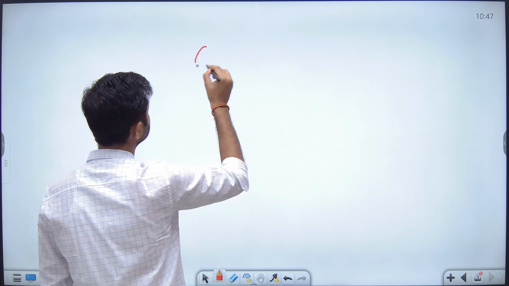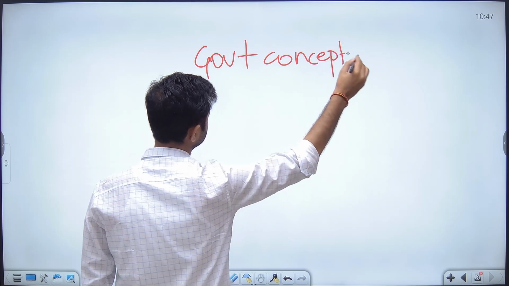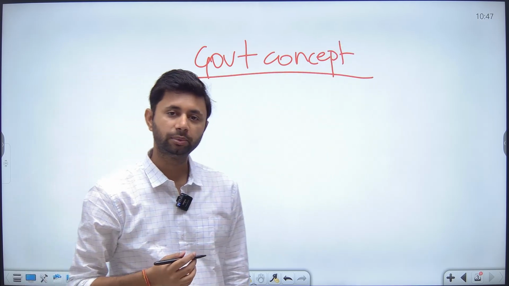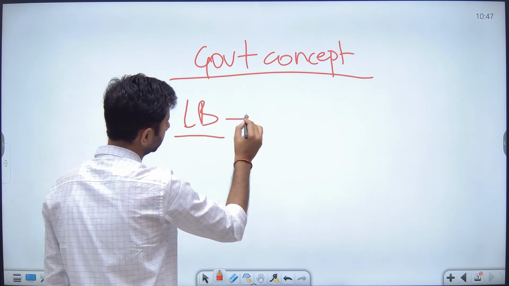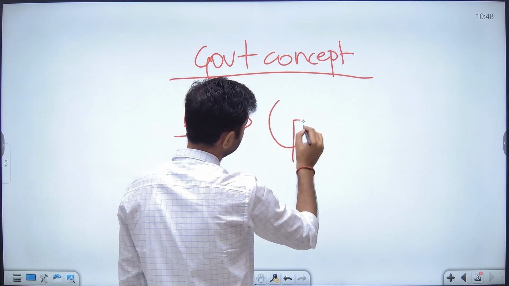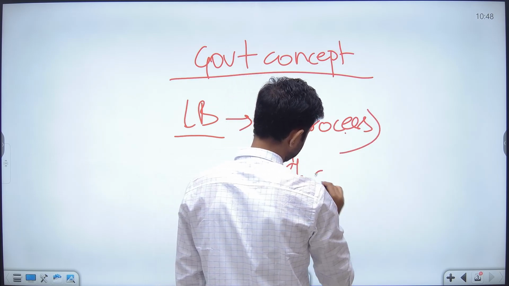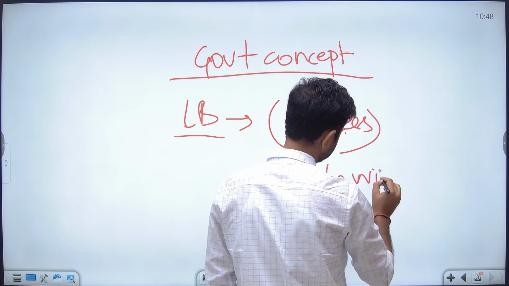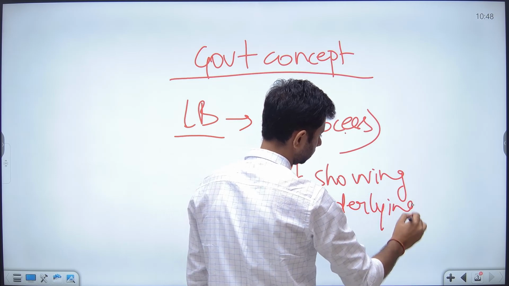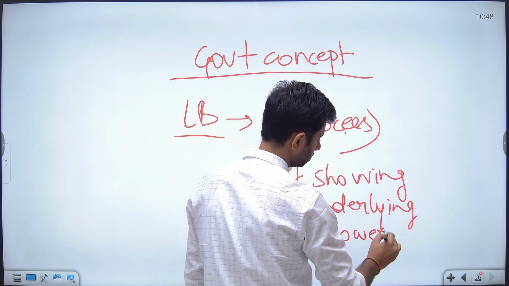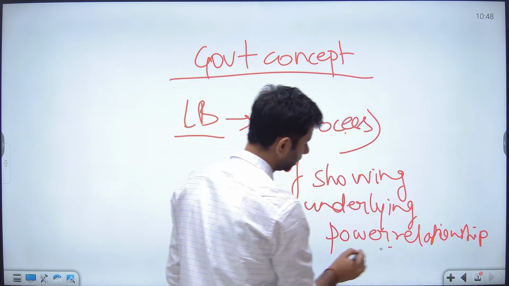next concept, which is the government concept. Within this government concept setting, collective bargaining involves, the key term is power.